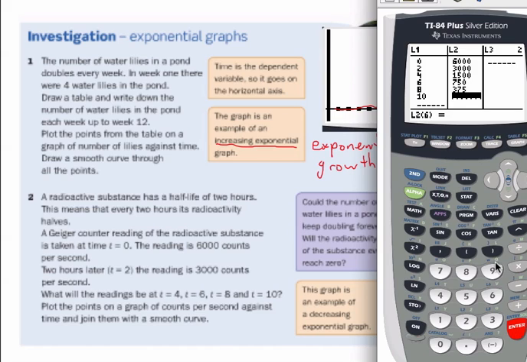And we have one more. Half of 375 is going to be 187.5.